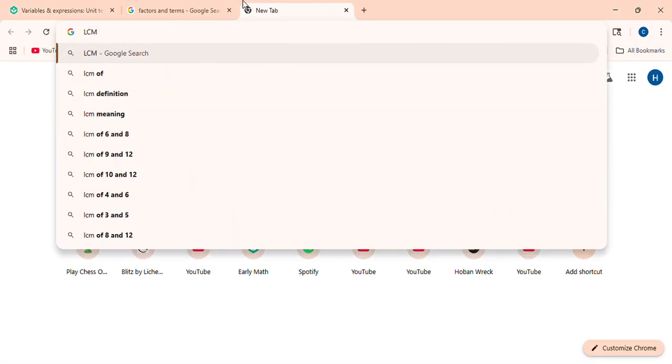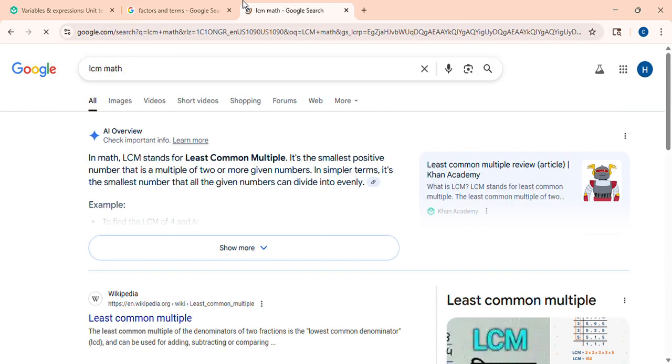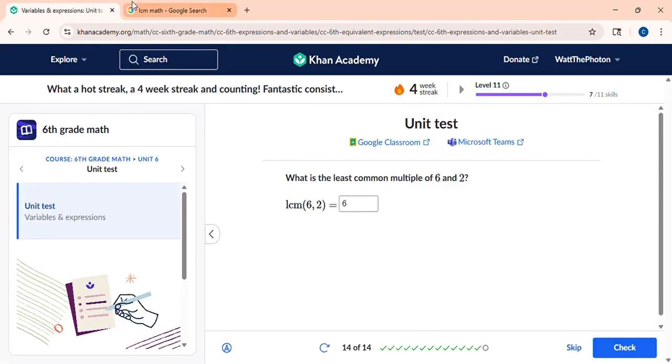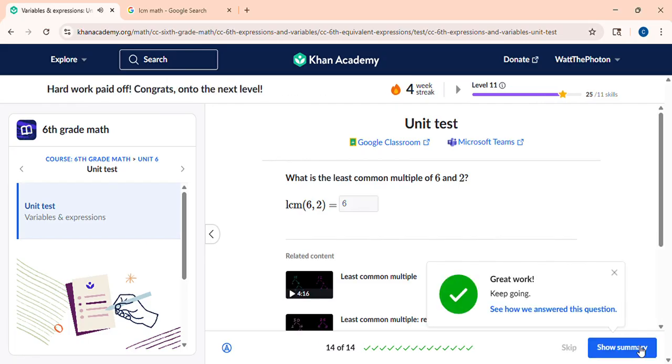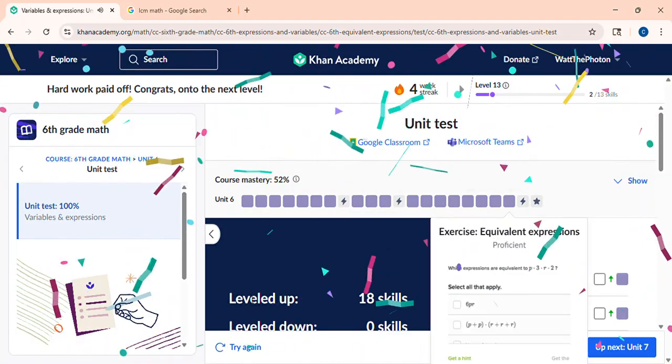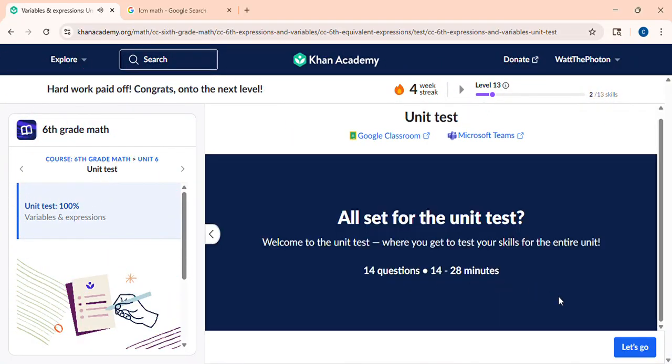Least common multiple. Smallest number that is a multiple of the two terms. It's 12. Okay. That should be 6. I trust that. Yay. And guess what? We're going to try again.